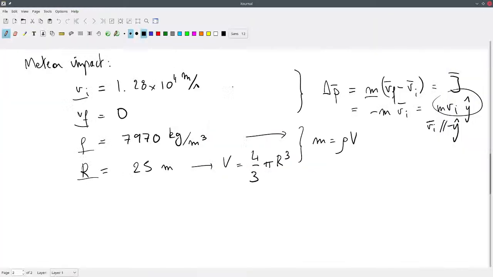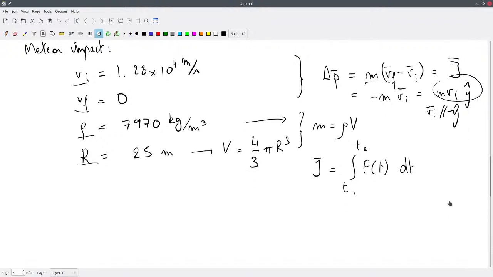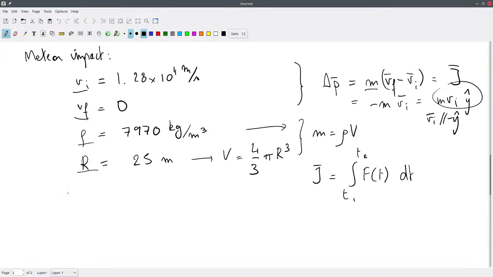And that's of course because this impulse, j, will be the integral of some force f of t over a time interval between t1 and t2. So this is one of those cases where the impact will have a certain force as a function of time.